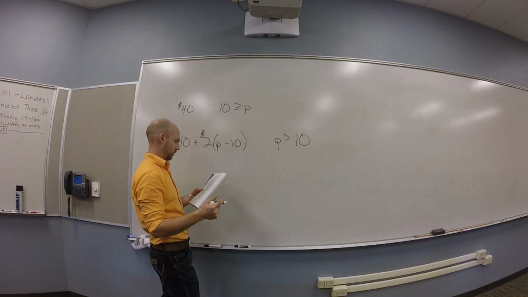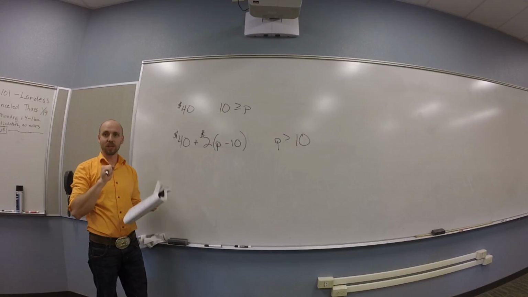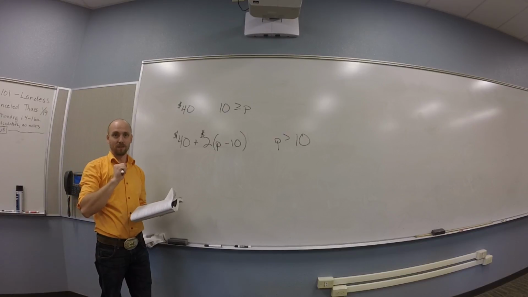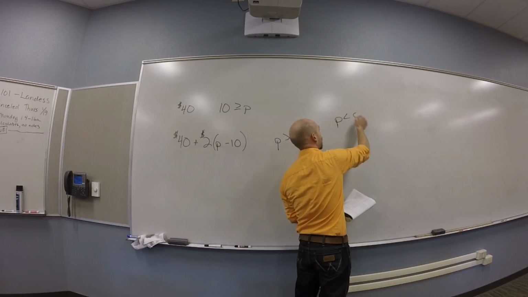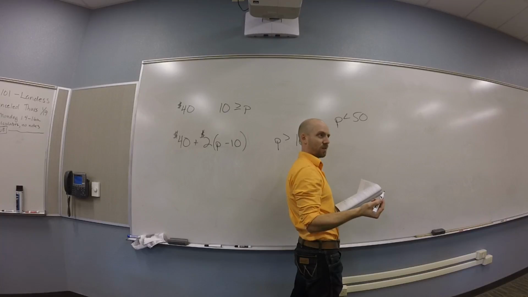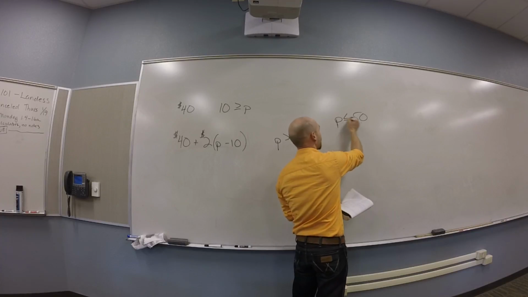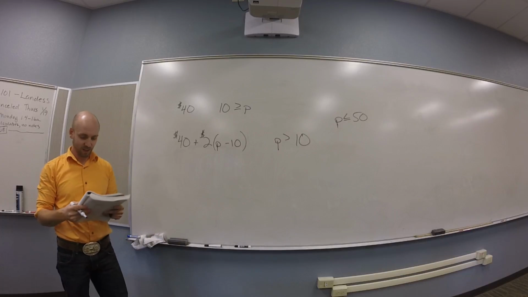Oh, sorry. I didn't read one more thing here. The maximum group size is 50. Okay, so everything that's going on here, P has to be smaller than or equal to 50, or is 50 allowed? I think when they're saying the maximum group size is 50, they're saying 50 is allowed.